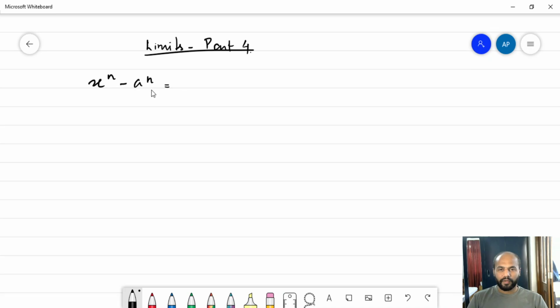You can clearly see that a is going to be one of the roots of this equation. That is, if I put a, then this equation is going to be satisfied.